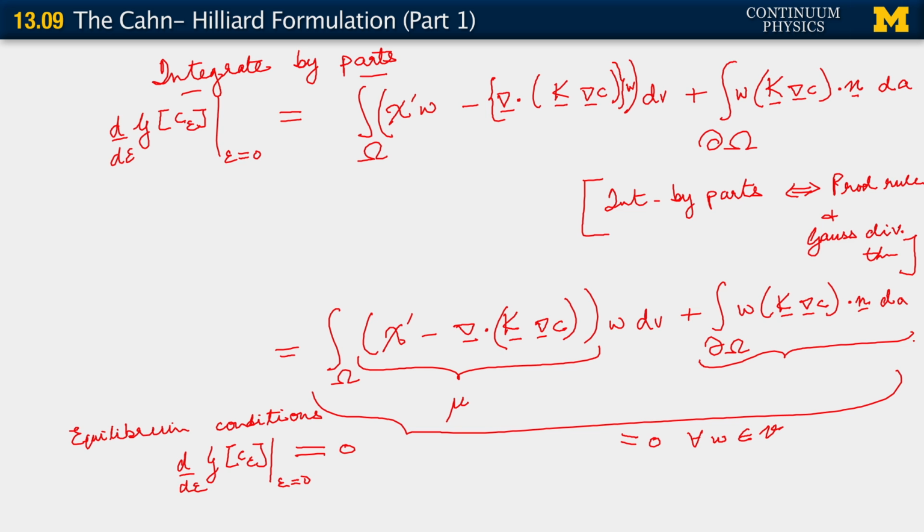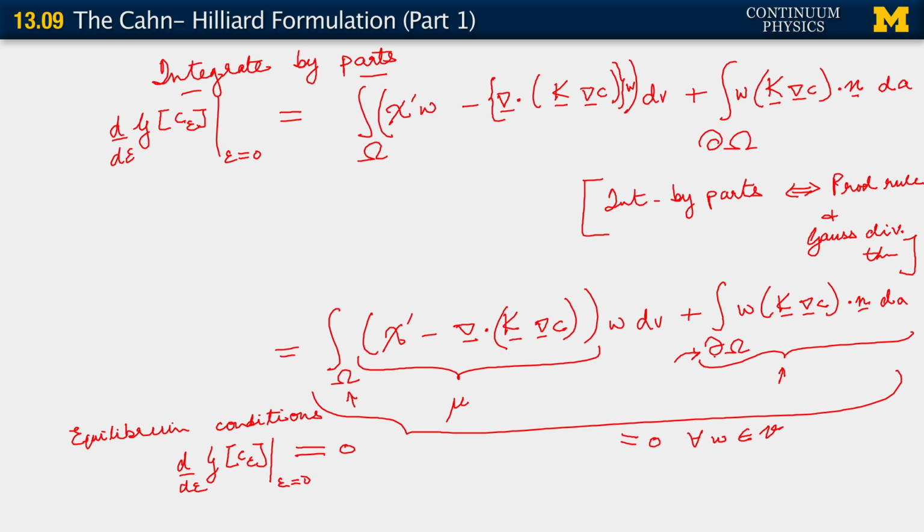So this is a very important term to understand the equilibrium case. This term must also vanish for equilibrium, because the sum of these two has to vanish. And if this has to hold for all W belonging to V, it must turn out that each of these integrals should vanish, the volumetric integral and the surface integral.